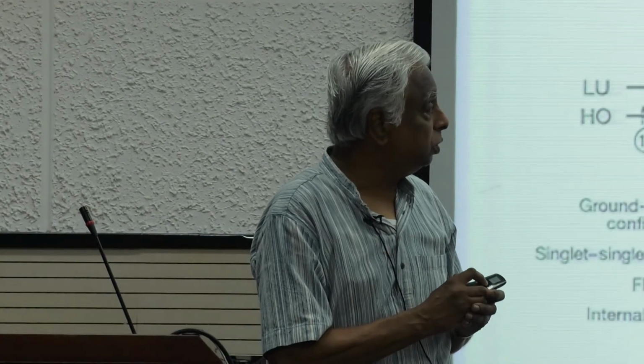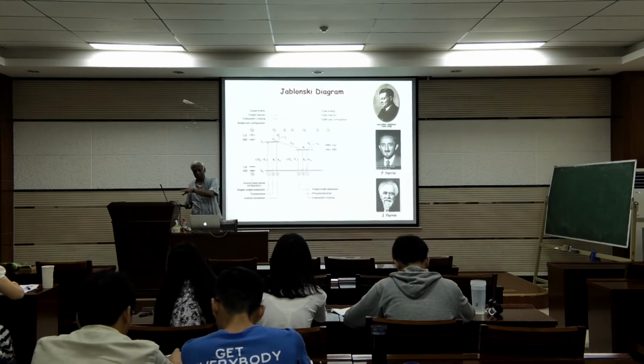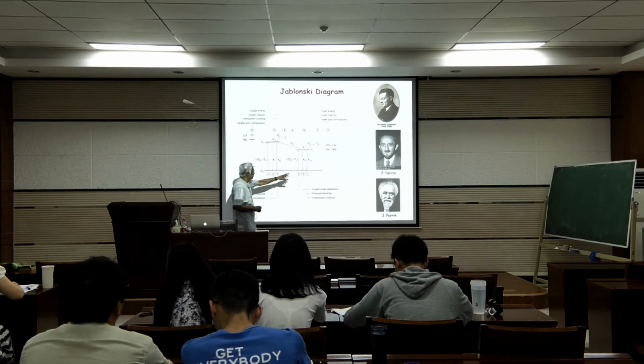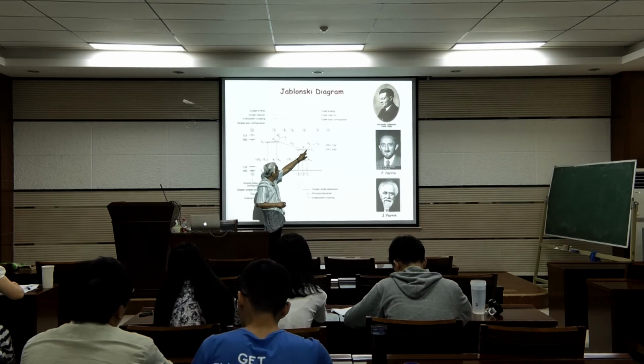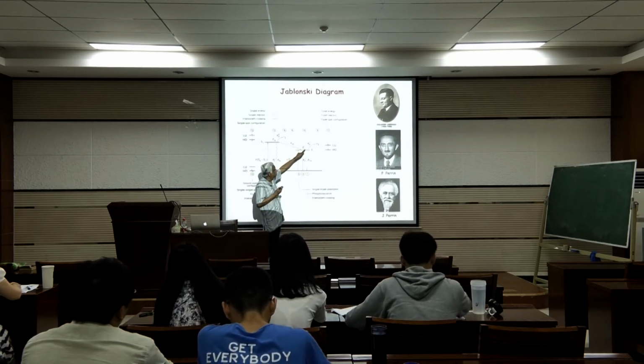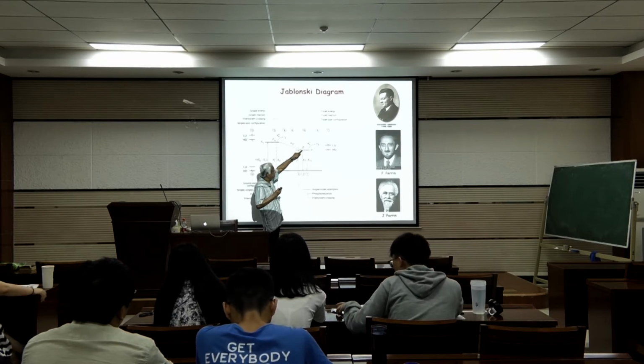So, if it has got 70 kilocalories, instead of converting everything into light, it will convert everything into heat. This rate constant tells you how fast the triplet is converting the energy into heat. This one tells you how fast it is converting the energy into light.